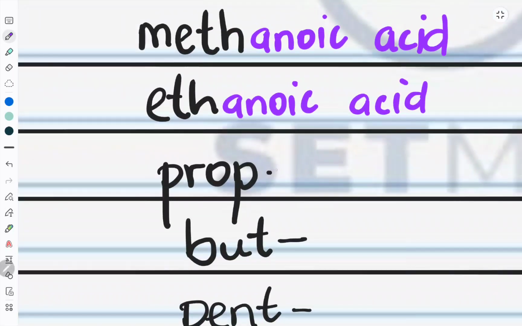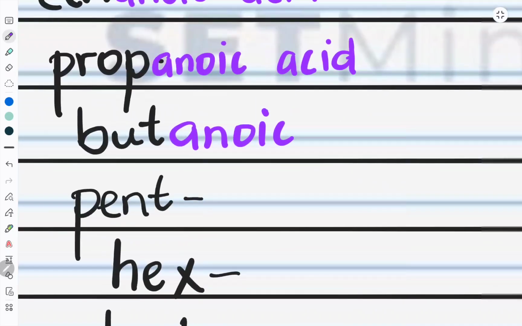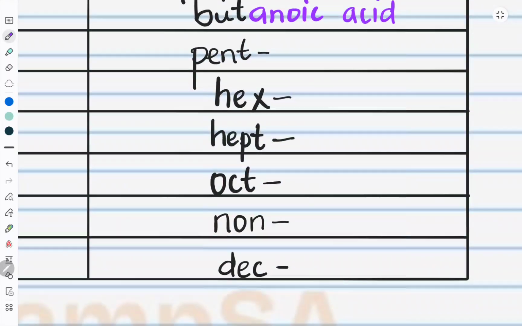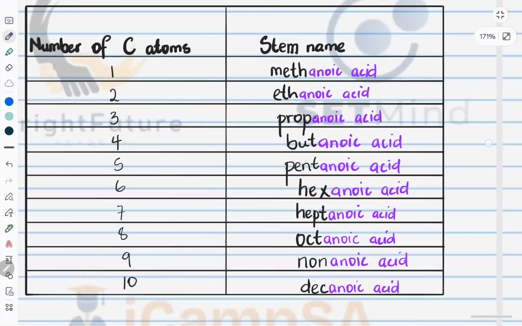So this would be propanoic acid. This would be butanoic acid, right? I'm sure by now you get the idea, right? Until we get to decanoic acid. All right, so this is how the full table would look like.